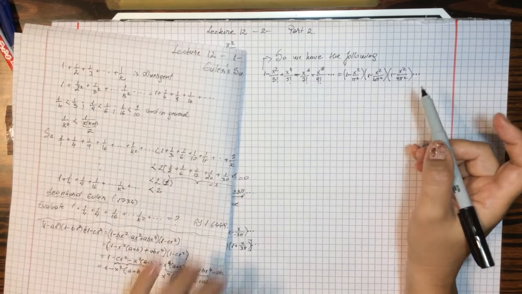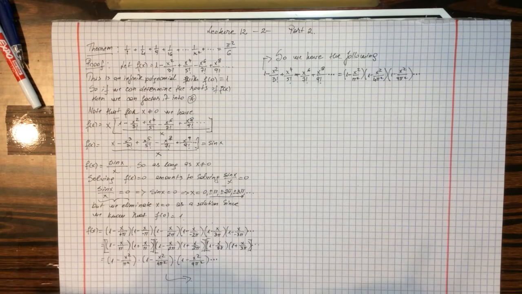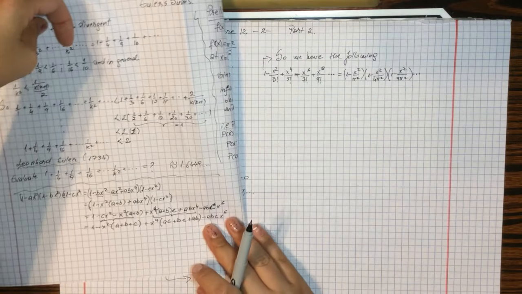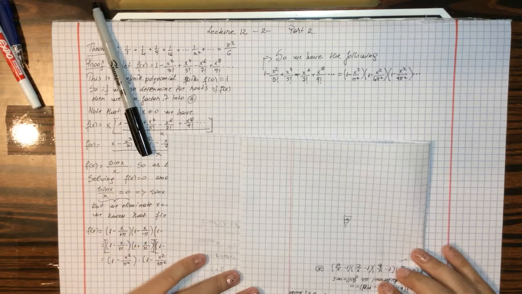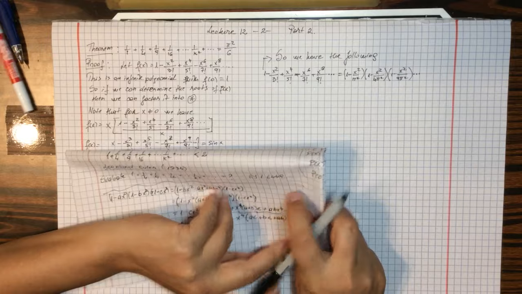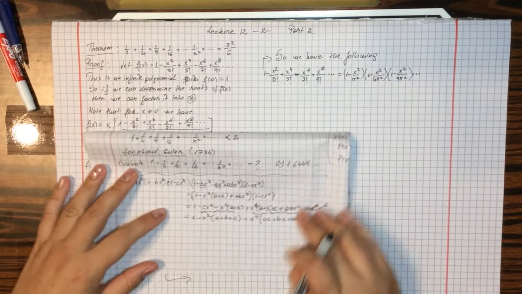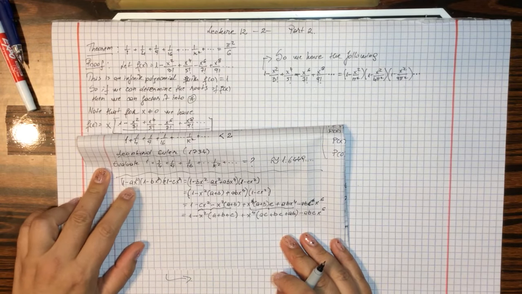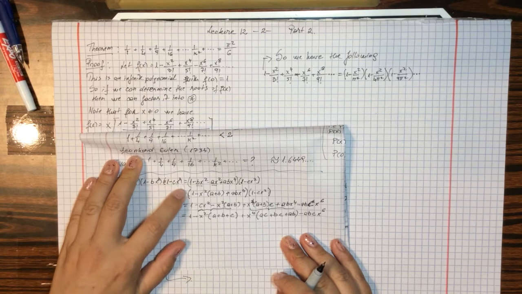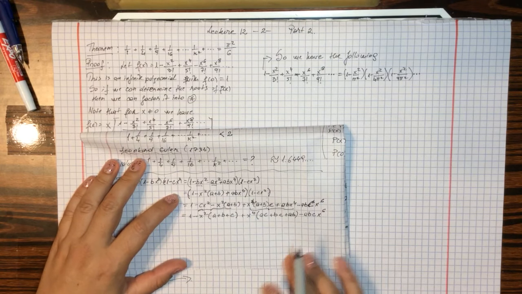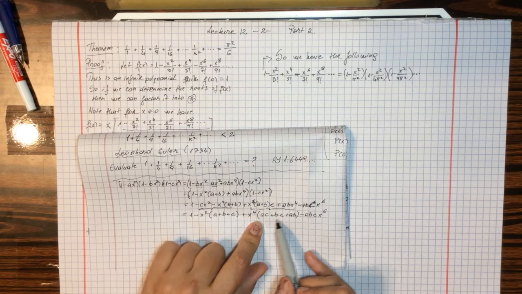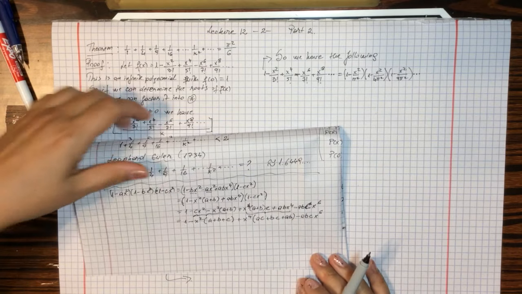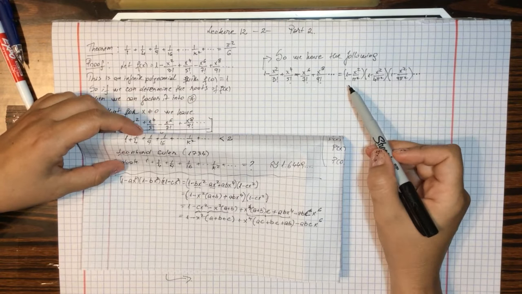If you remember from part one, we said the following: if I have three things that look like 1 minus ax squared times 1 minus bx squared times 1 minus cx squared, and if I had more of those, if I was to multiply them out, I should be getting something that looks like this. 1 minus x squared times a plus b plus c, plus x to the 4 times ac plus bc plus ab, minus abc x to the 6, and so on.